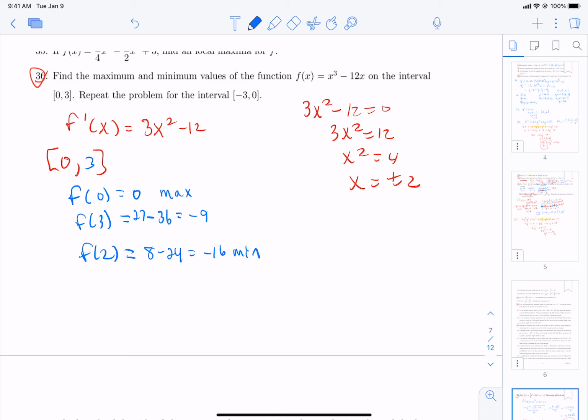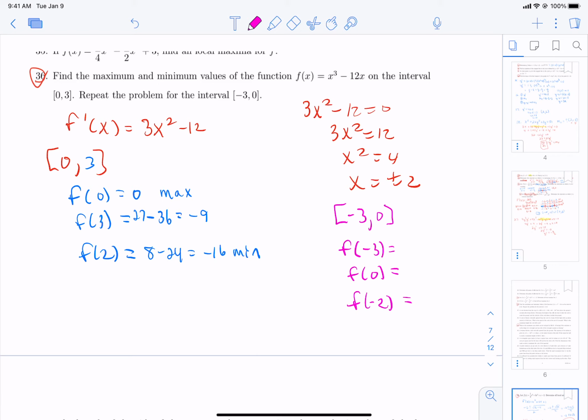Now, sometimes they say, where does the maximum occur? And they'll just want the x's. Sometimes they'll say, what is the max or min? And then they want the values. Now, if we repeat the problem, this time on the interval from negative 3 to 0, we only include the endpoints, negative 3 and 0. And the only critical number that's in there this time is negative 2. So you got to be careful with that.